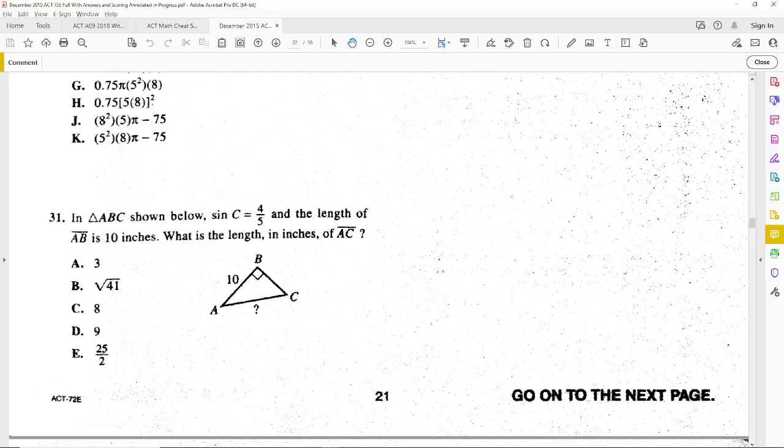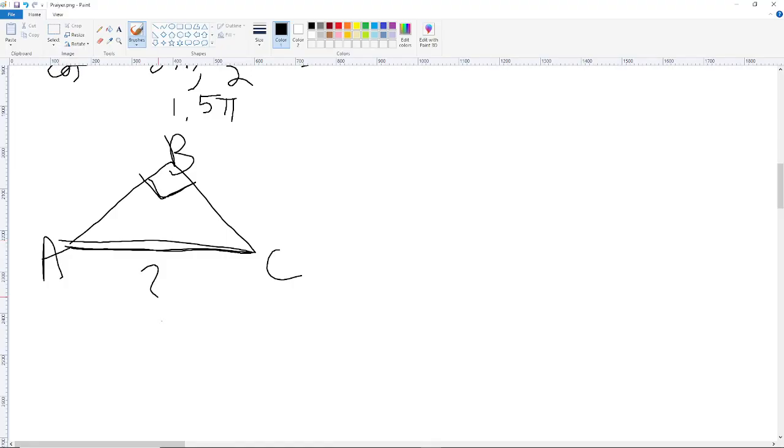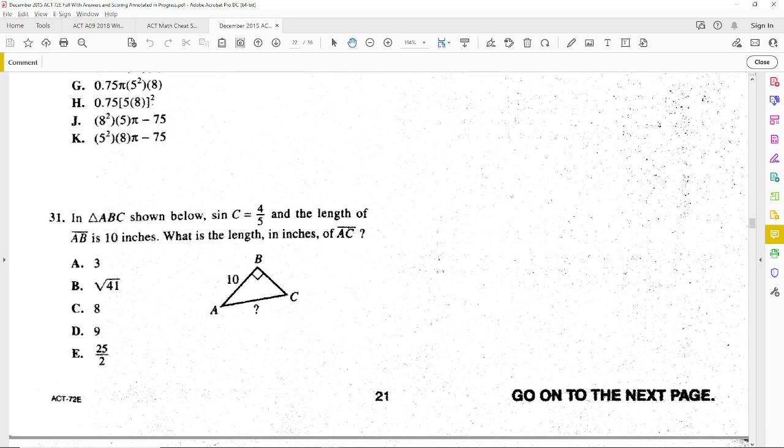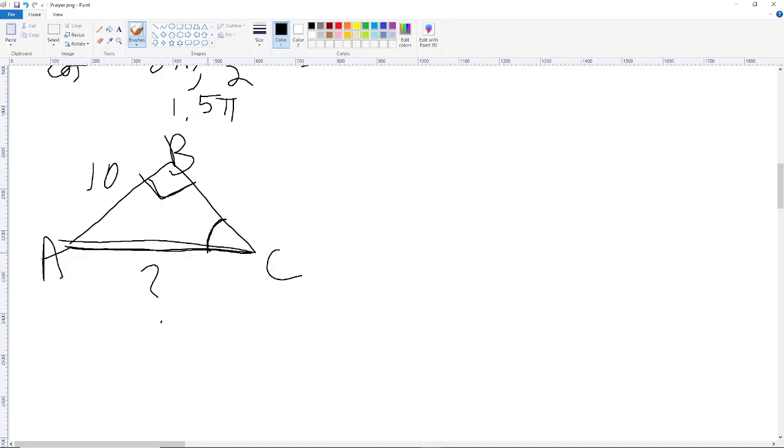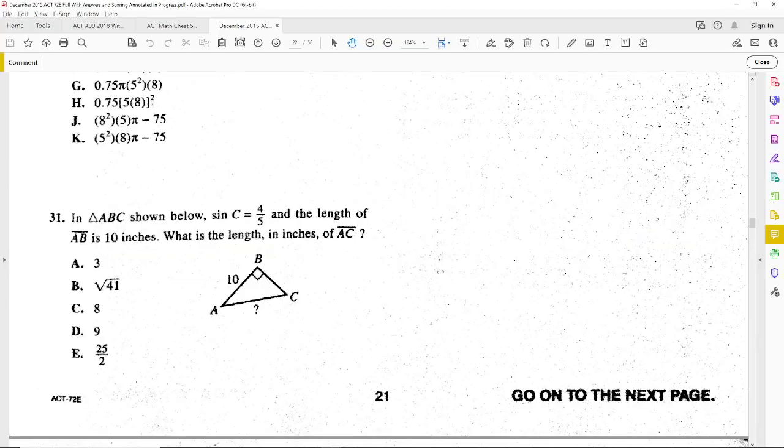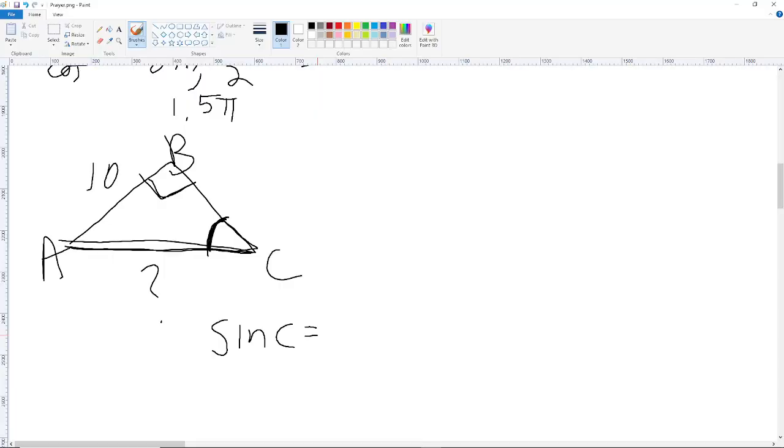That's the longest side. We don't know how long that is, but we know AB is 10. And then it says sine of C, so C is this angle. If they don't write the angle inside, it's just the angle named for the vertex. So that's C. Sine of C, it tells us in the question, is equal to 4/5.